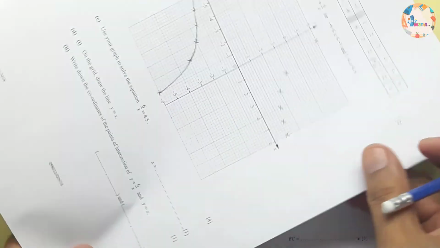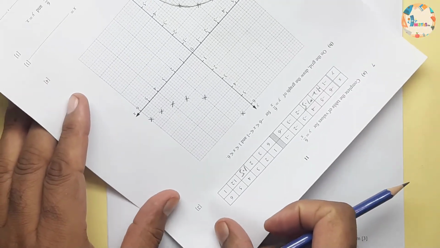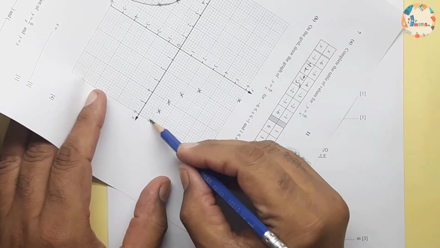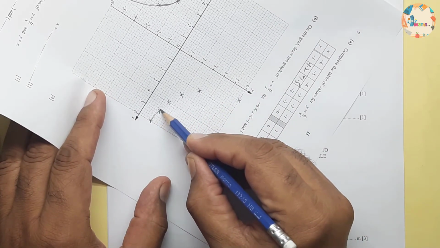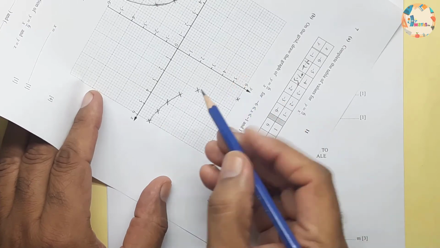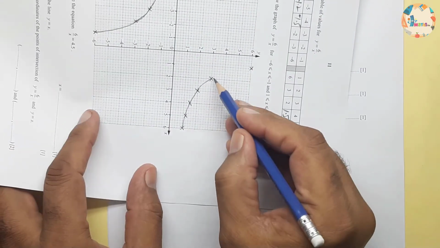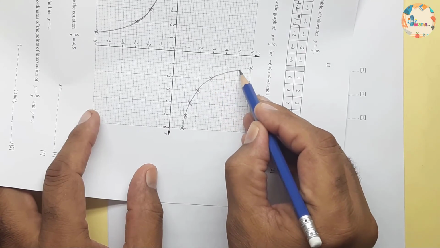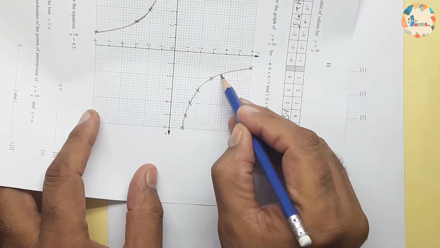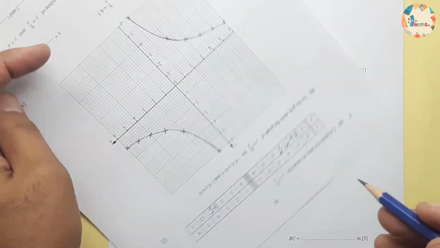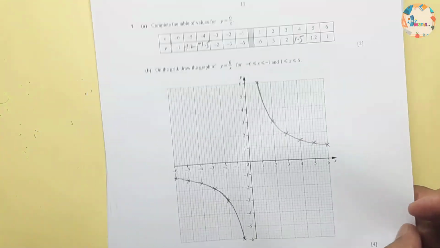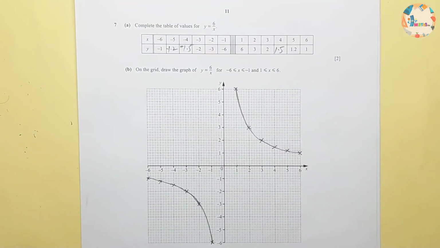Now the other side as well we can draw, and we have to draw a curve like this, and you will have to practice for the smoother curve. So almost both sides I have done smoothly.